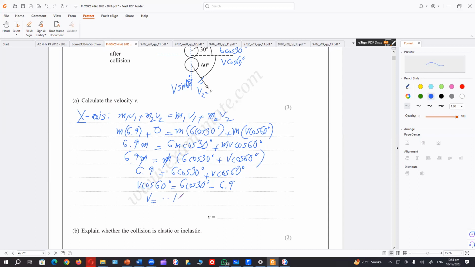I get more digits, like 1.7038. Then we divide it by cos 60, which gives minus 3.41.